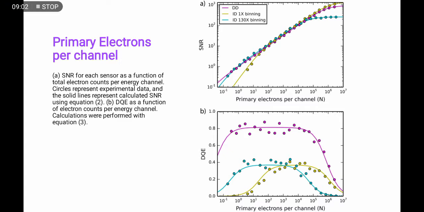The DQE is a critical parameter for determining a detector's performance, and it is defined as the ratio of the square of the recorded SNR to the square of the input SNR. The equation I was talking about is DQE equals SNR out squared over SNR in squared. An ideal detector has a DQE of unity, however the DQE of a real detector is always smaller.